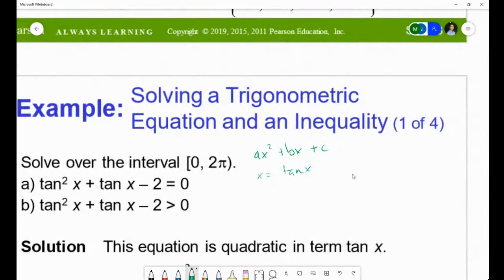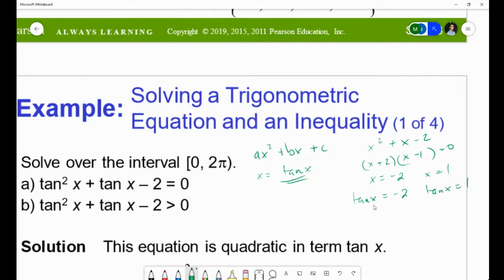So let's imagine that we just have x here. Can I factor this? Well, we can factor this to x plus 2, x minus 1 equals 0. And I can solve this, x equals negative 2, and x is 1. Well, here I let x equal tan x, so I need to substitute that back in and solve. Okay?